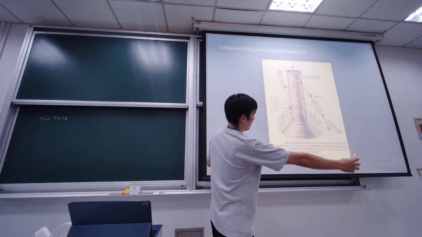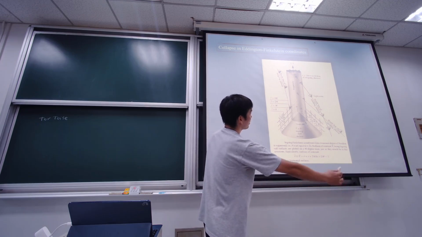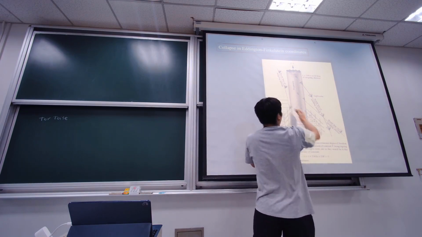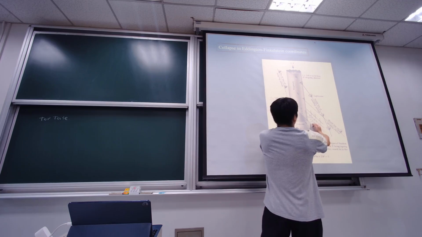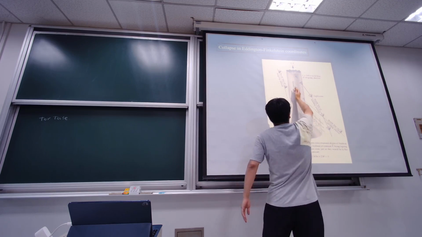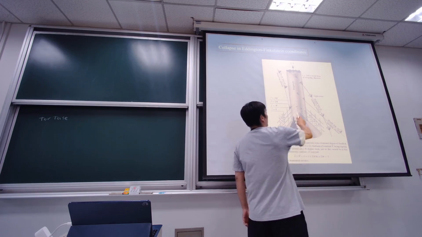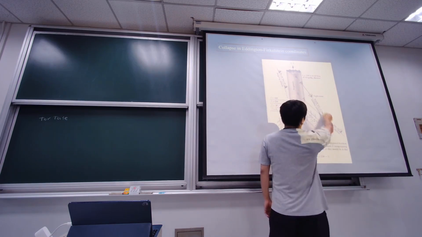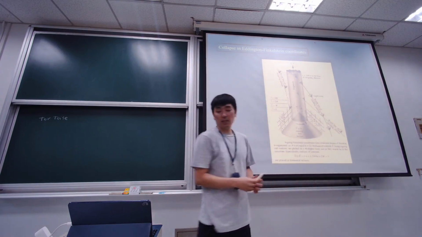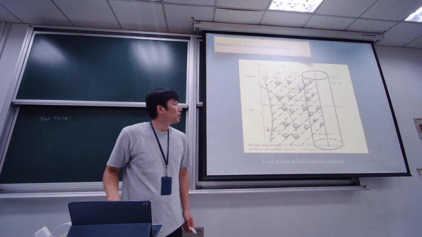So if you start with past infinity and a star which starts collapsing, this is the shape of the star, and this is the time direction. Once the star collapses to the singularity, it creates this line of singularity, and there are also world lines of particles, and as you can see, the light cones are inside. I think this is what Penrose has drawn.